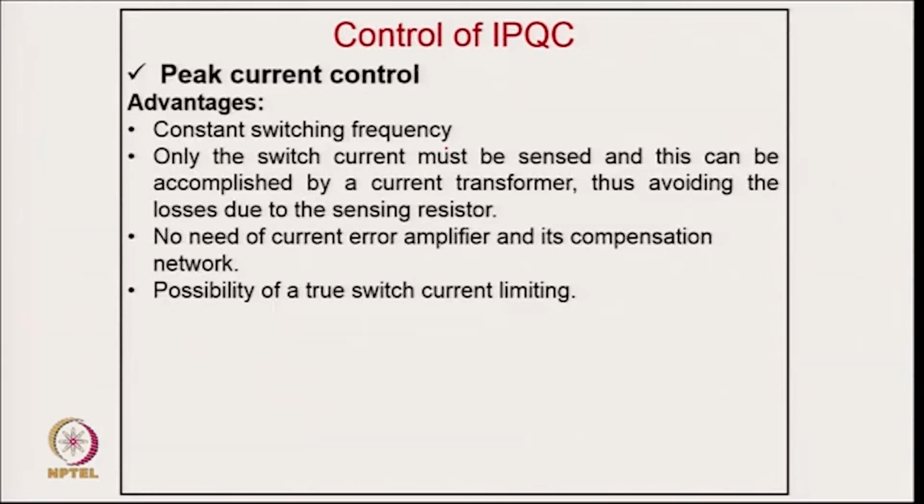This can be accomplished by a current transformer or Hall effect current sensor, thus avoiding the losses due to a sensing resistor, or it can be sensed sometimes by a terminal in the MOSFET, because when the MOSFET conducts it behaves as a resistance. So, you can take the voltage drop of the MOSFET while it is conducting, and that can also give you the current sense. So, you will be able to reduce the cost, there is no need of a current amplifier and its compensation, and there is the possibility of true switch current limiting.